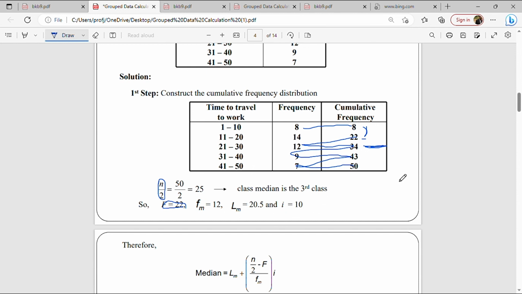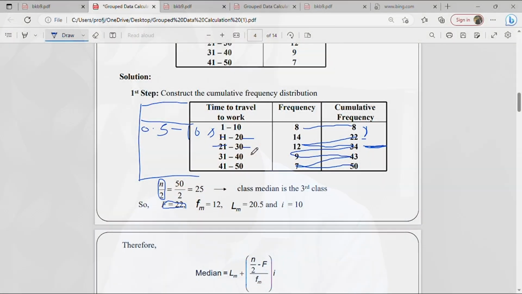Now in this material, I didn't show you where you can construct the class boundary. So the class boundary is reducing and increasing on the other side up to 10.5. The other side will be, when you reduce 11 by 0.5, that will be 10.5 to 20.5. This 21 will be 20.5 to 30.5, like that.